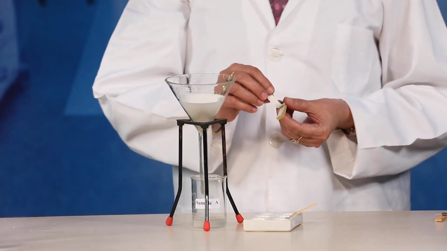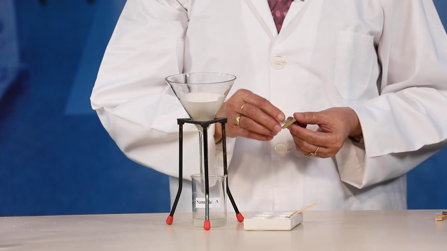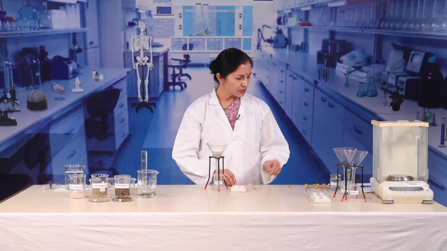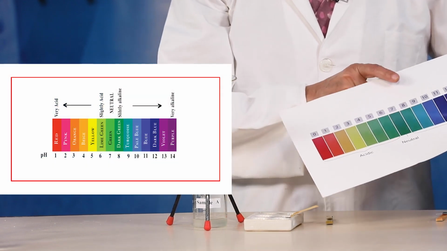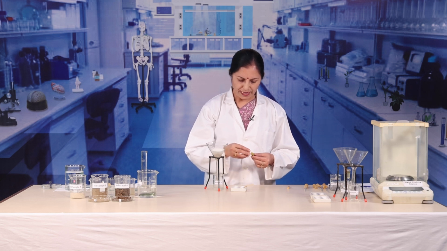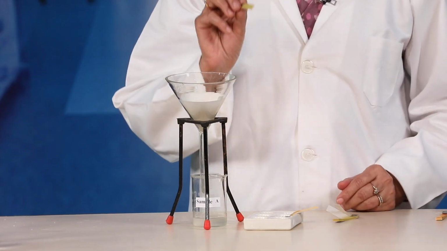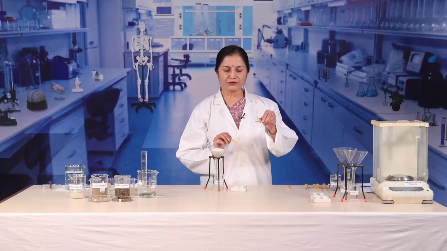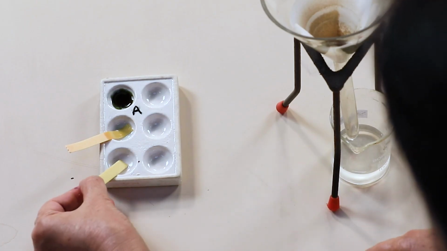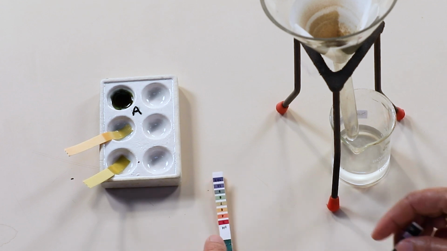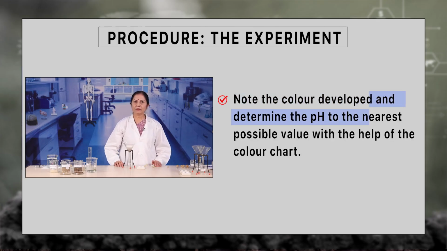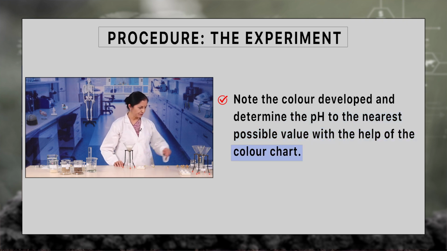Now, take a pH paper strip with the narrow range. Since the color developed is in the range of 6 to 8, we are using the narrow range pH paper in that range. Dip the narrow range strip of pH paper into the third cavity containing the soil sample solution A. Note the color developed and determine the pH to the nearest possible value with the help of the color chart.